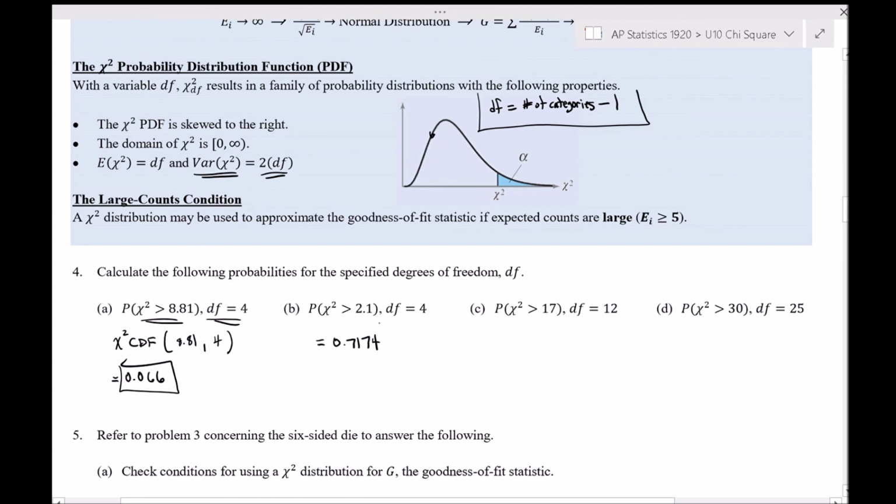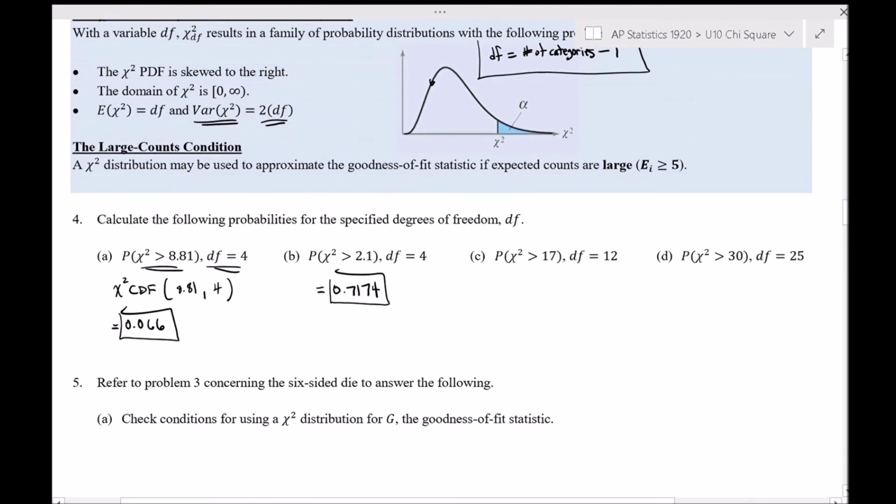And that's it for that one. So these are pretty straightforward. Part C and D, we're just changing the degrees of freedom and the lower endpoint. So for letter C, degrees of freedom is 12 and the lower endpoint is 17. So we're just calculating areas for either of those situations. I'm going to go ahead and skip those.